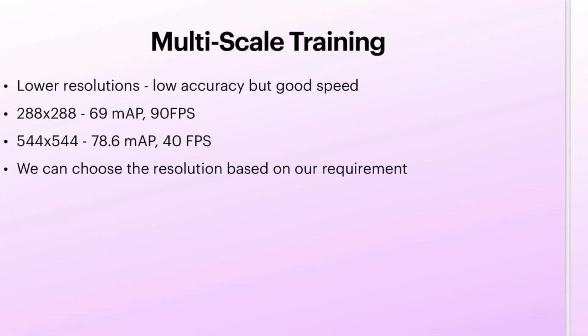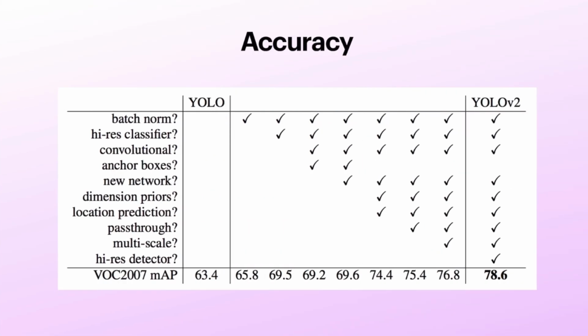Now with all the improvements we have made so far, this is the improvement in mAP we have got. If you observe the initial YOLO-V1, it is 63.4 and finally we got 78.6.